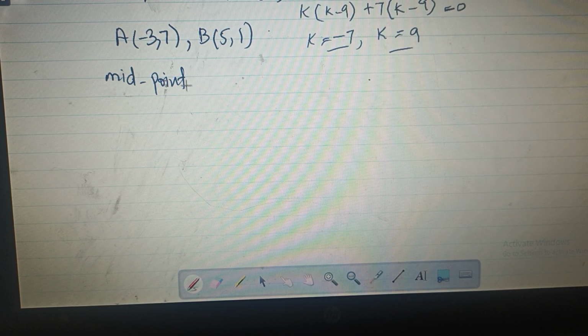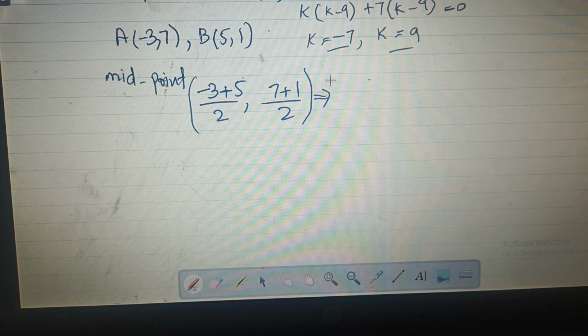Midpoint is (minus 3 plus 5) over 2 comma (7 plus 1) over 2. So my midpoint is 2 over 2, that is 1, and 8 over 2, that is 4.